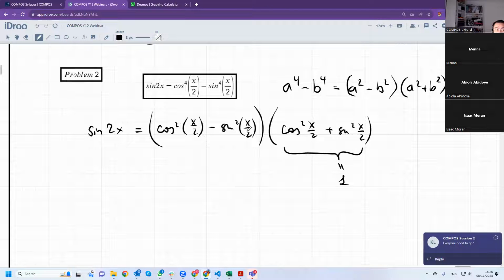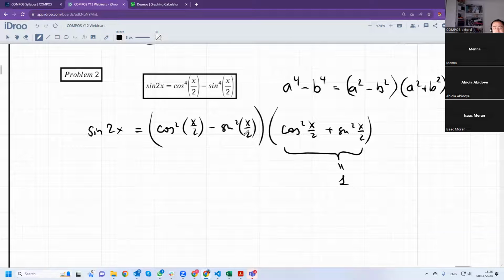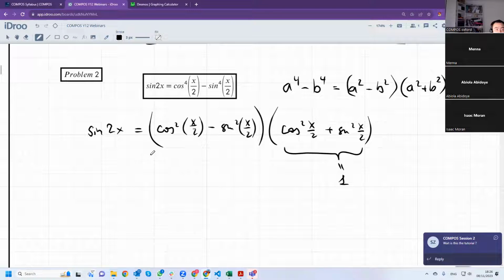And this is cos squared minus sine squared. Somebody remind me, what is it? Cos 2x, thank you. Cos 2x is cos squared x minus sine squared x.